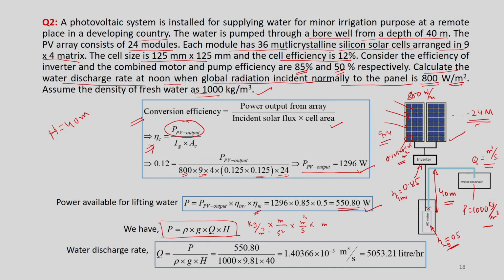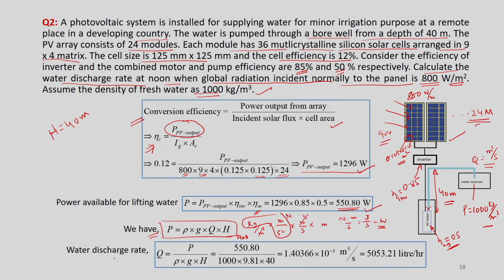So, the cubic meter gets cancelled, and kg meter per second square is Newton. Then Newton into meter is joule, and joule per second is watt. So, this will be in watt.